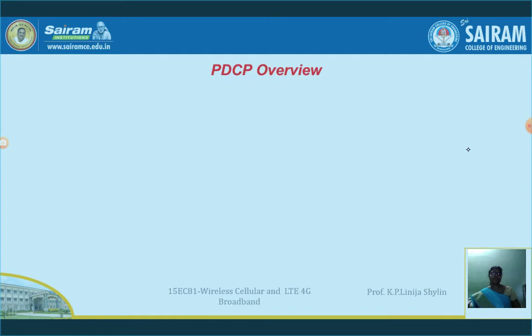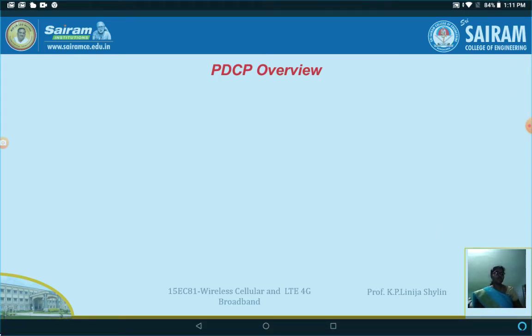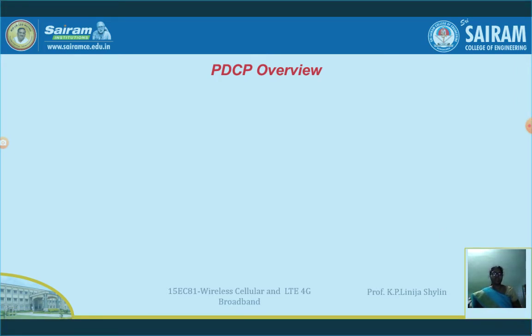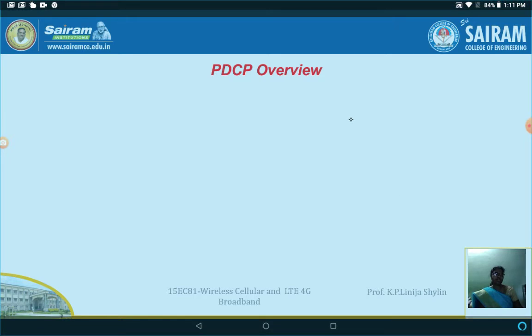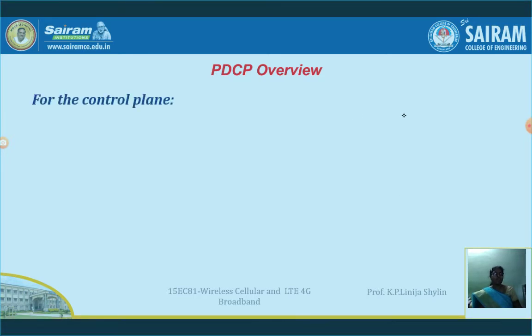Let us go to the control plane. What is going to happen in the control plane? Here we are doing ciphering and deciphering of control plane data. How is this ciphering done?